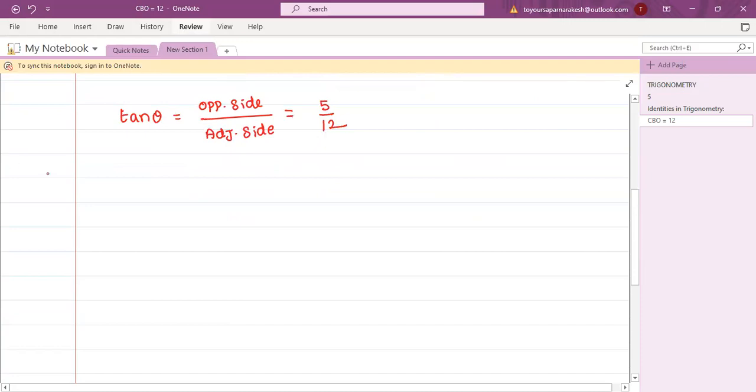Next, one more question. I want to find the sine function of minus 30 degrees. Now this value we have to find out. I told you already, sine of minus theta is minus sine theta. The same logic you follow.